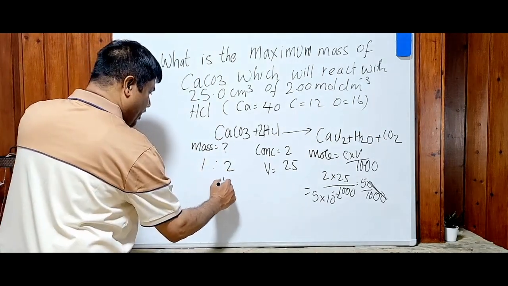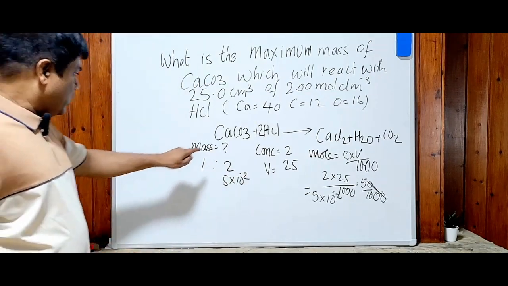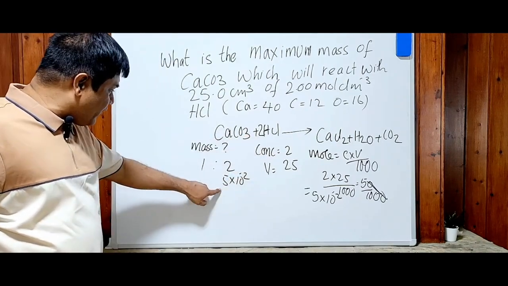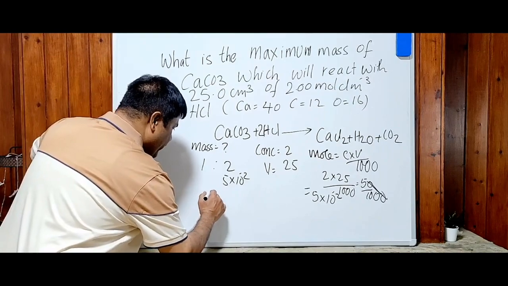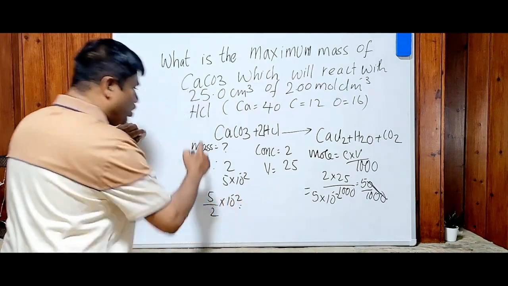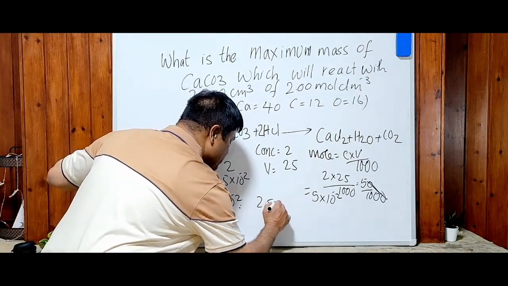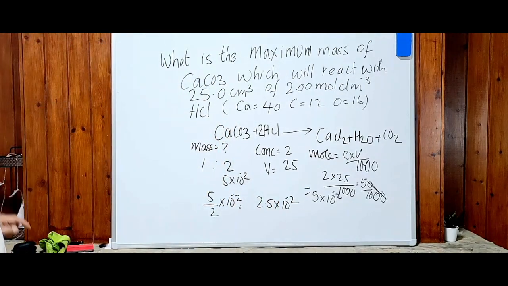So 1 mole of calcium carbonate reacts with 2 mole. So can I divide this by 2 to get the mole of calcium carbonate? So 5 divided by 2 into 10 to the power of minus 2 mole of CaCO3. So 2.5 into 10 to the power of minus 2 is the mole of calcium carbonate.